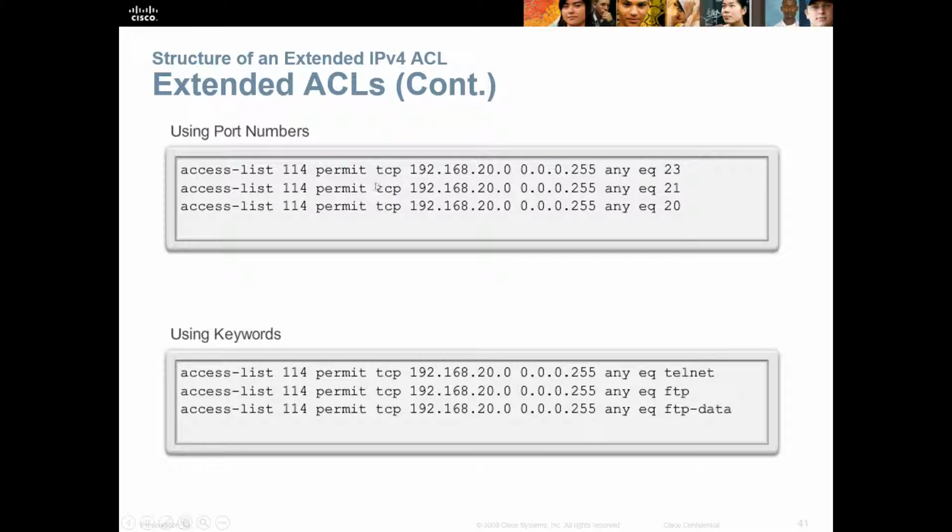Permit, different protocols, source, wildcard for the source, destination, and the appropriate port we want it to be equal to. Here we could use ports 23, 21, or 20, or we could use the default names: telnet 23, FTP 21, or FTP data 20. So you can use the port number or the general common names for them.